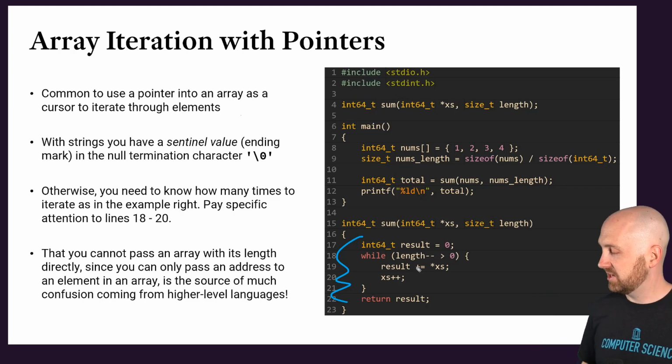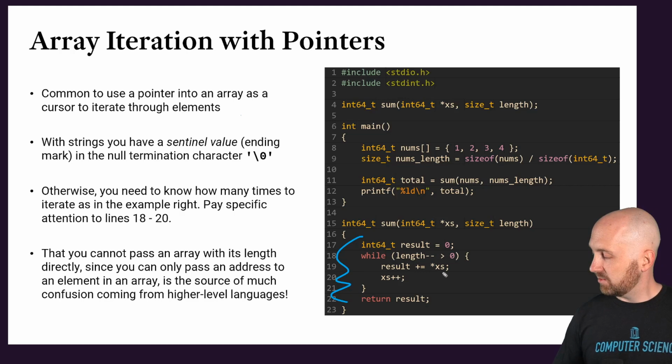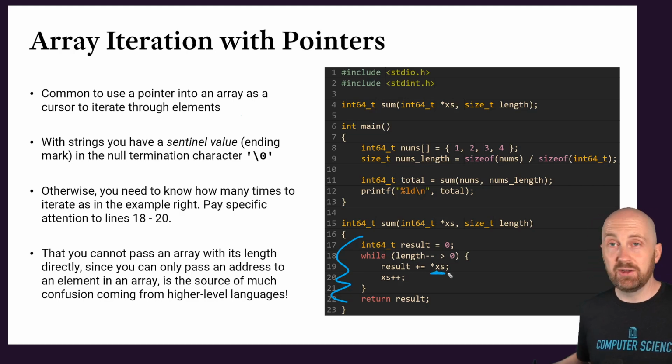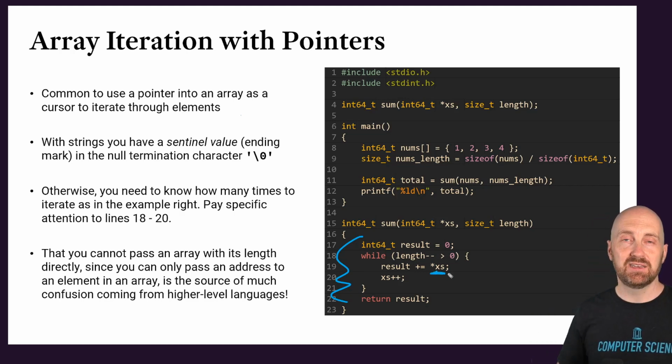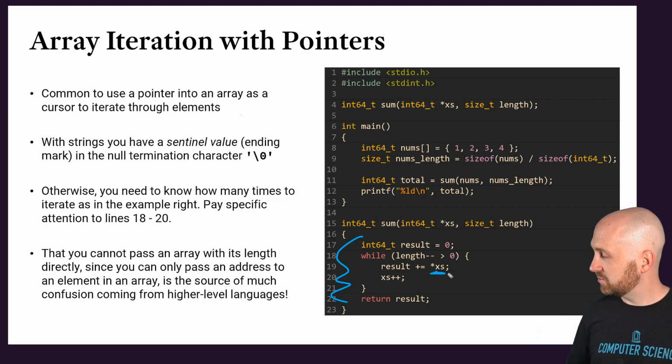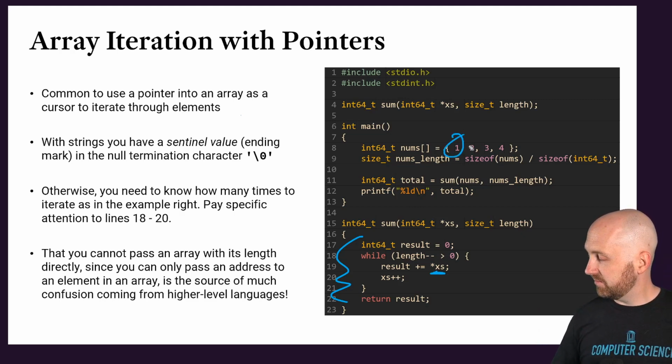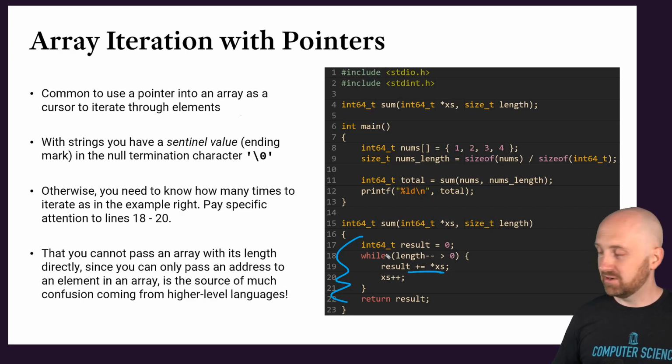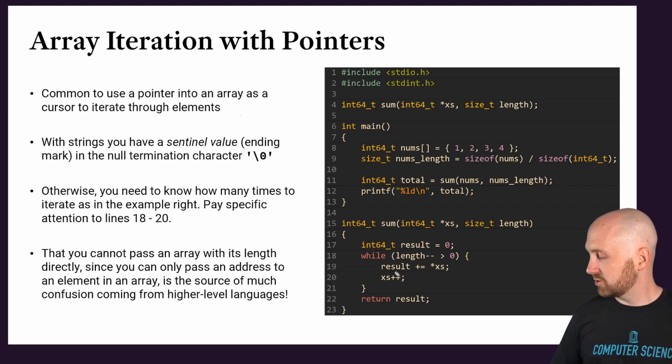And so that checks out. Here we're saying, go read the value stored in the pointer xs. And so by default, the very first value in xs that was referred to in the pointer's address was the first element of our array, which would have been 1 in this example, and add that to our result, which 1 plus 0 would have been 1 stored in the result.